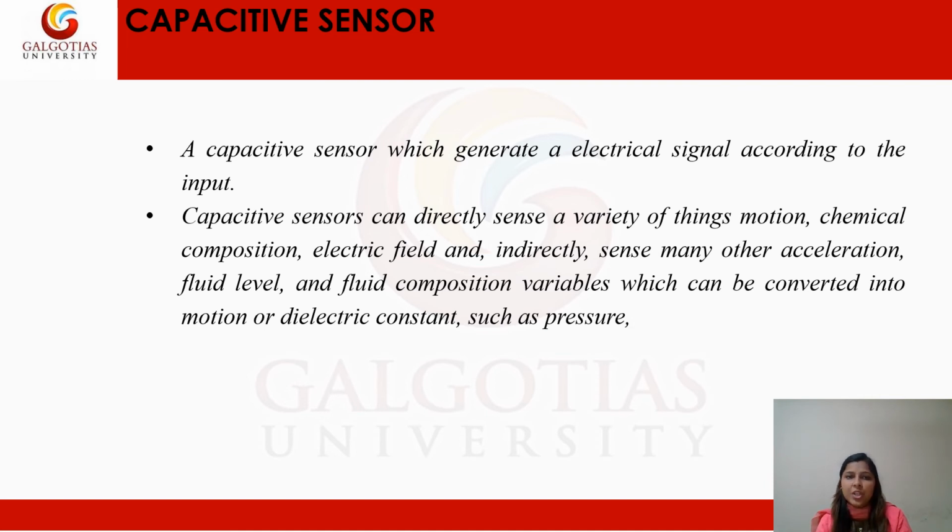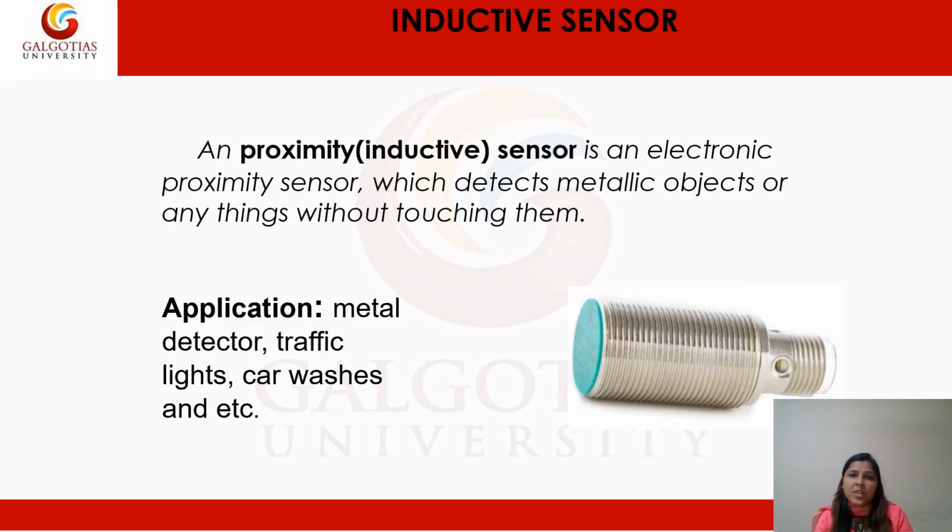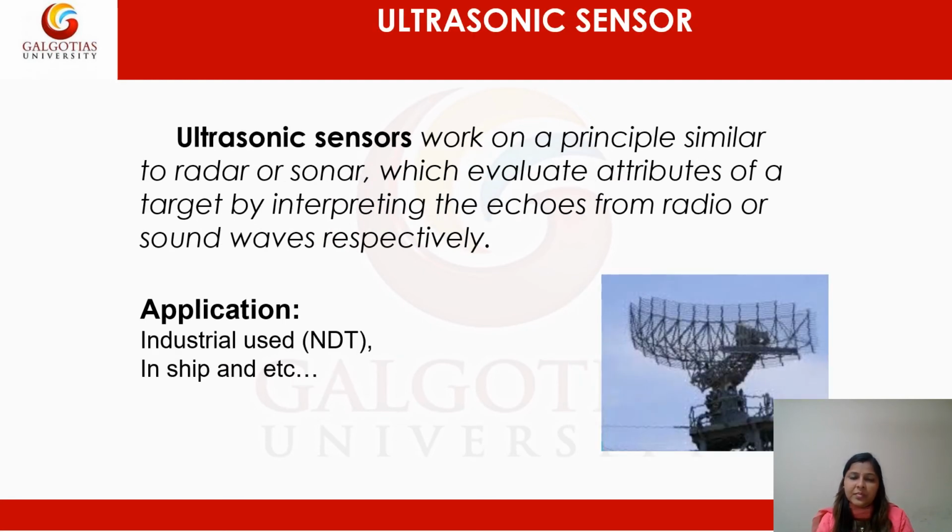Next one is your inductive sensors. An inductive sensor is a proximity sensor that detects metallic objects without touching them, meaning without any physical contact, it just senses them. Its applications are metal detectors, traffic lights, car washes, etc.